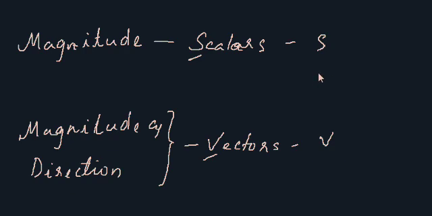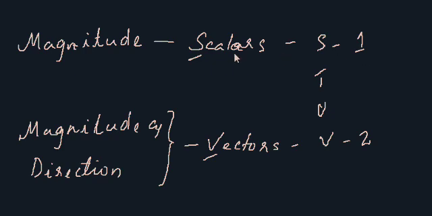And if you consider the English alphabet, S, T, U, V, and considering scalar and vector, S comes first ahead of V, which comes second. So S for scalar comes at number 1 and V for vector comes at number 2.